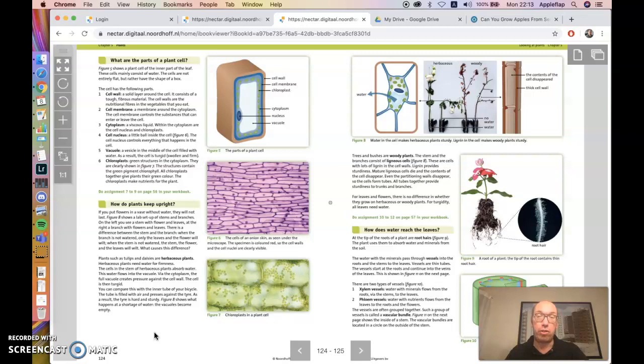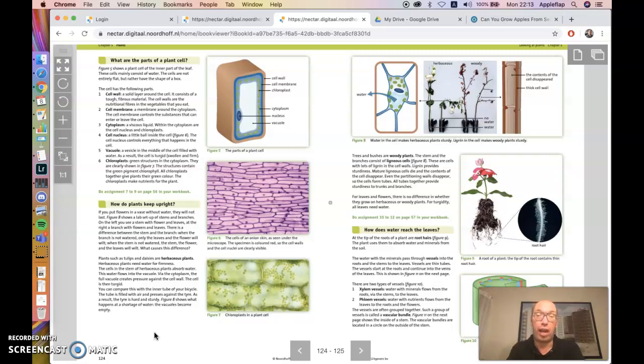So xylem vessels start their way all the way down in the root hairs, where both water and minerals are taken up into the xylem vessels. And then it's transported through the xylem vessels all the way up to the leaves, and in the leaves it is either used for photosynthesis, the process in which plants make nutrients, or it is released as water, again into the air, as evaporation.